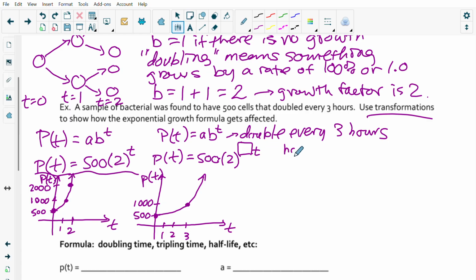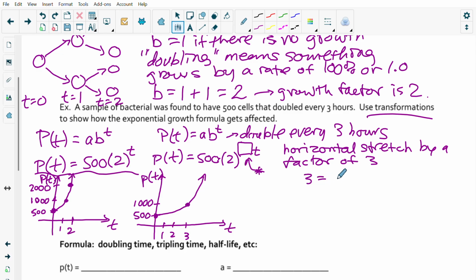So let's write this down. Horizontal stretch by a factor of 3. Well, what does that translate to as the stretch? That's the stretch factor. Well, what is the value that we replace inside this new function here?